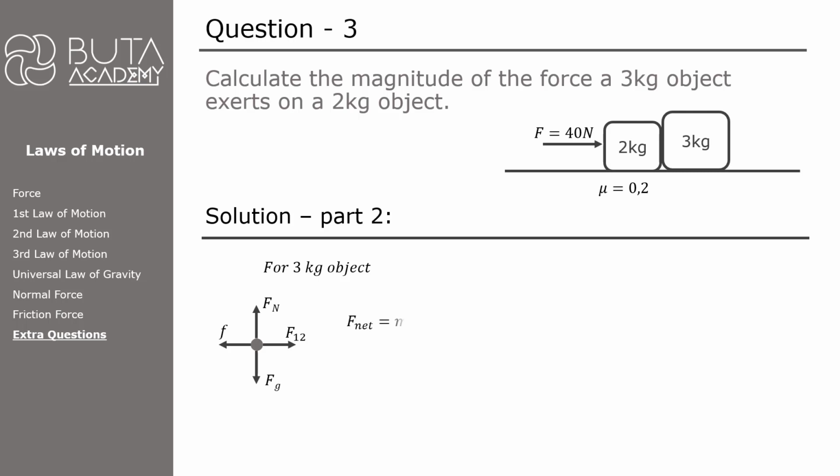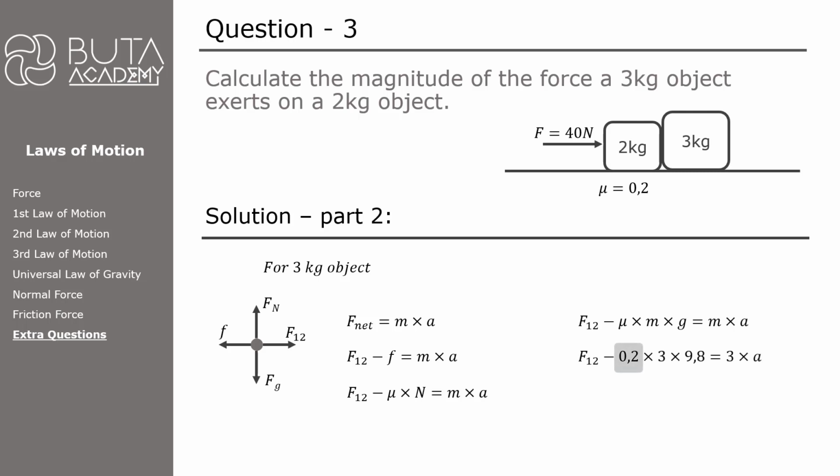The net force is equal to mass times acceleration. F12 is to the right and the friction force is to the left. So, instead of F net, we can write F12 minus F friction is equal to m times a. The friction force is equal to mu times N. And the normal force is equal to mass times gravitational acceleration.